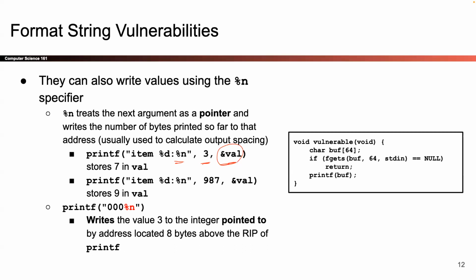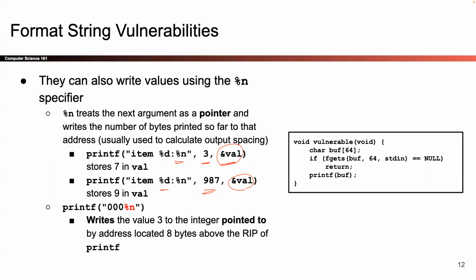I, T, E, M, space. Those get printed out just like normal because there's no %, nothing special happens. And then printf sees the %d and it's like, I've got to go on the stack, grab the next thing, which happens to be the 987 if the stack is set up correctly, substitutes it into %d, prints it out. The colon, prints it out. %n, time to go on the stack, get the next thing that I haven't used yet, which is going to be that address of val.